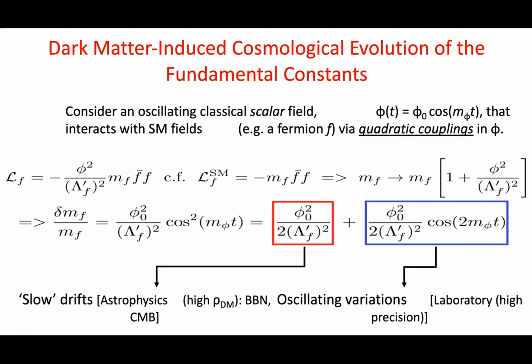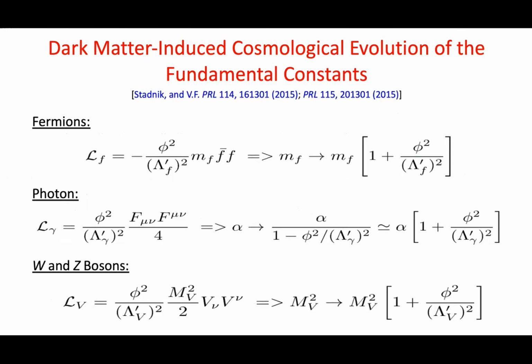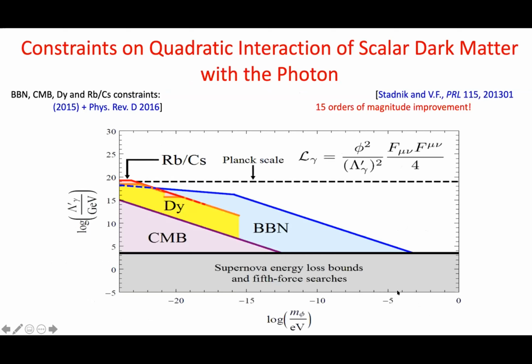As you increase the volume of the universe, the density decreases, so it gives you a slow drift of the interaction constant, in this case the mass of a particle. But if there is an oscillating term, it's a perfect place to look for laboratory variations. So interaction with fermions gives you variation of mass terms, interaction with the electromagnetic field gives you a variable fine structure constant, and there is also a similar variation of mass term in the case of bosons.